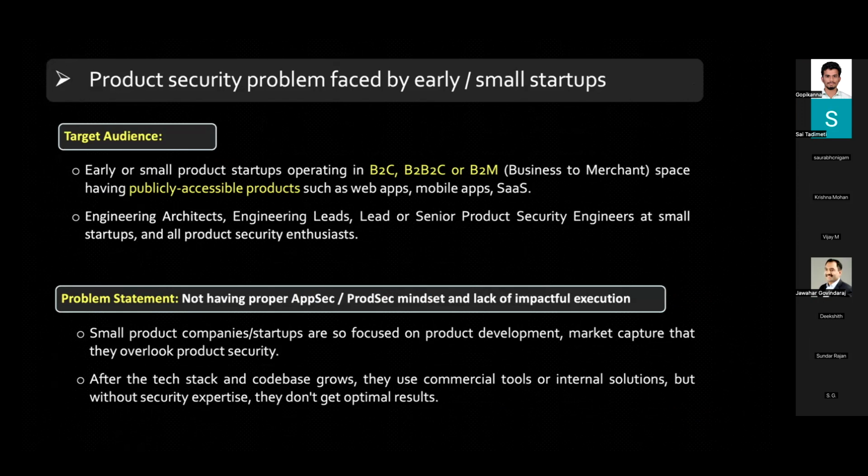This session is mostly focused on how you implement a proper product security program in your own company if you are part of an early stage startup or a small startup, and let's assume that startup is similar to, let's say, PayPal, or Robinhood, which is a stock trading application.